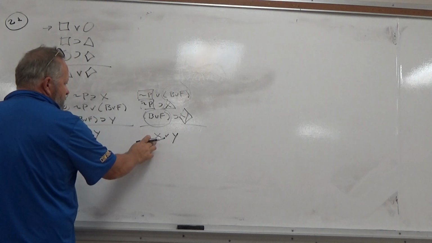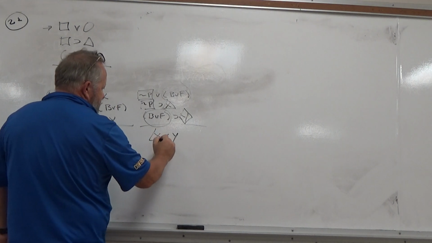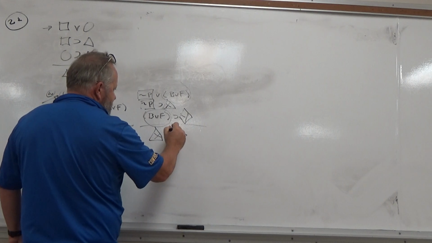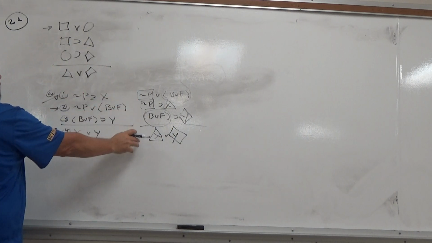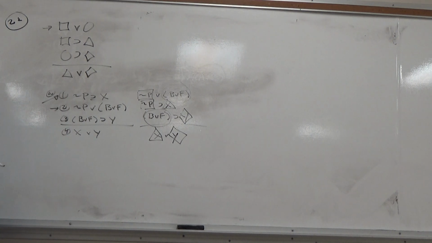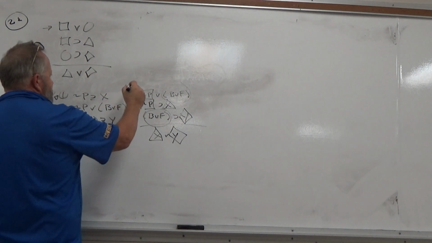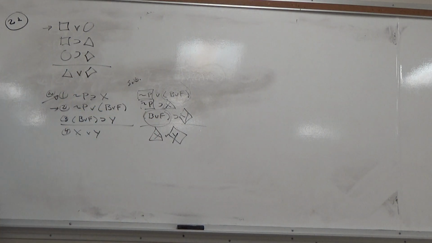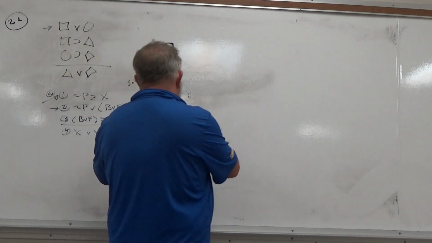Okay, and now X we've already called a triangle, and Y we've already called a diamond. And if you look, this structure matches this structure perfectly. So this one, 5A, would be a substitution instance of the argument form constructive dilemma.